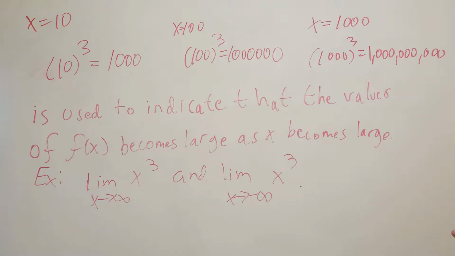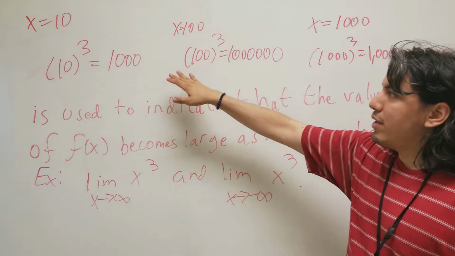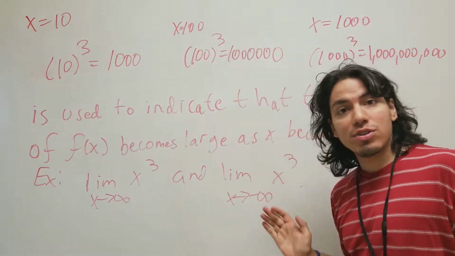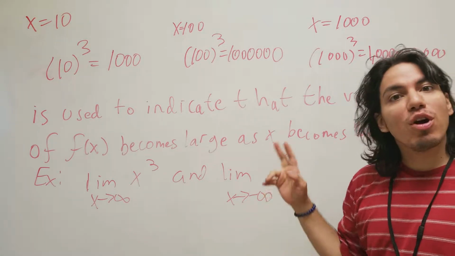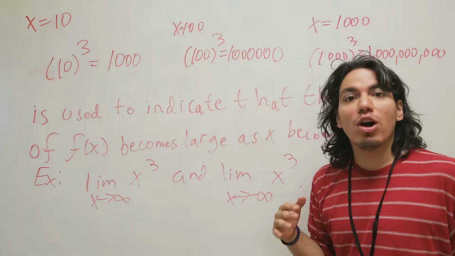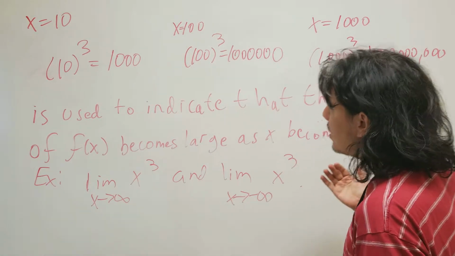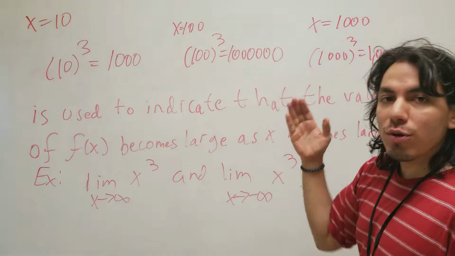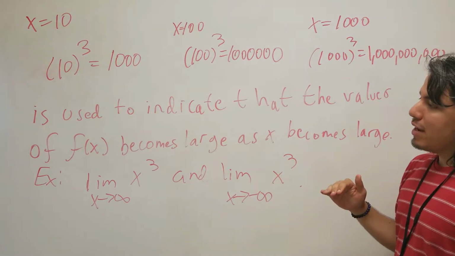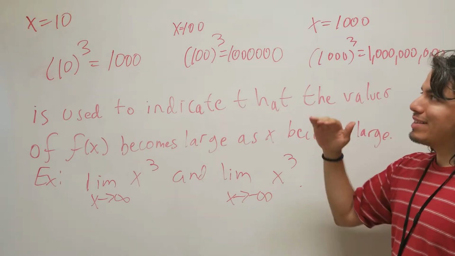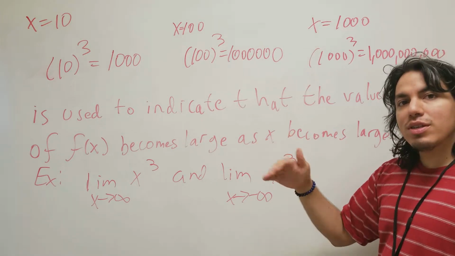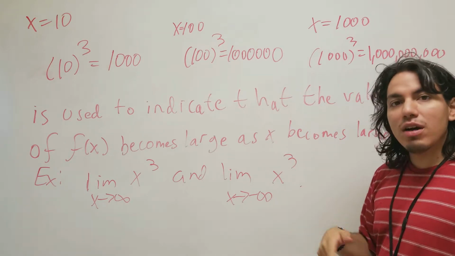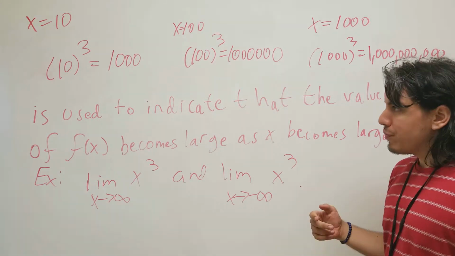Okay, so if you see the pattern here, obviously it's getting huge. It's exponentially large, or in these terms, arbitrarily large. Therefore, based on this pattern, we see that it's going to get arbitrarily large, and it makes sense that when we take the limit as x to the third approaches infinity, it's going to become infinitely large.